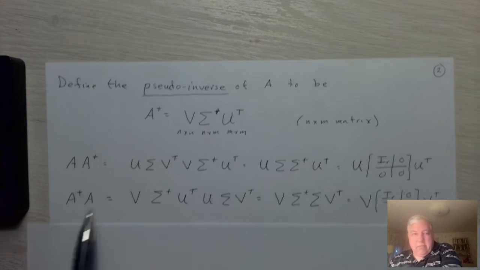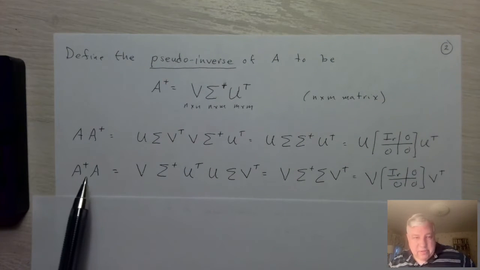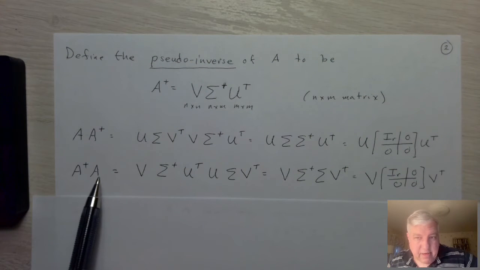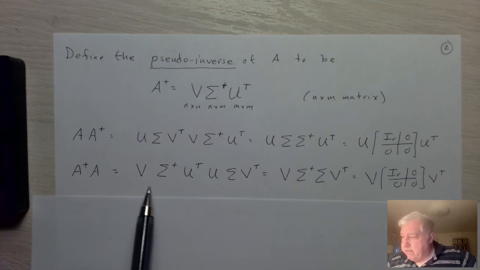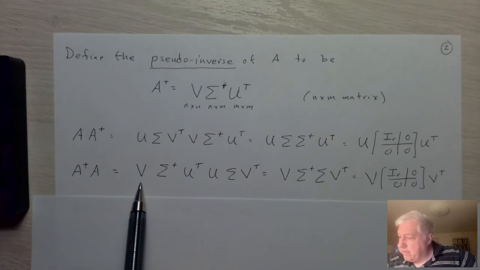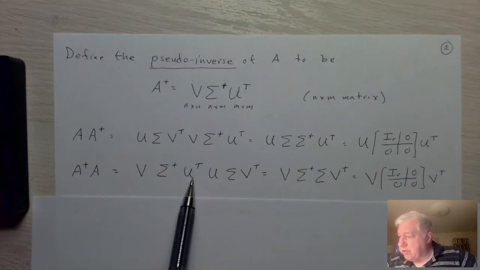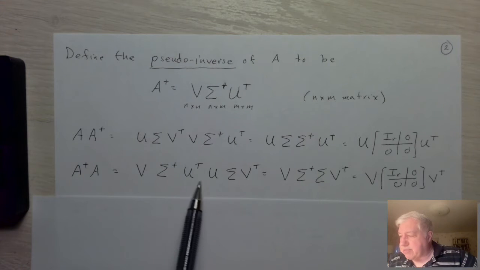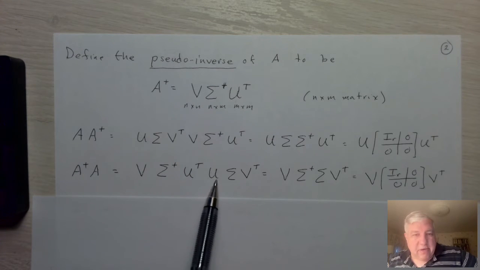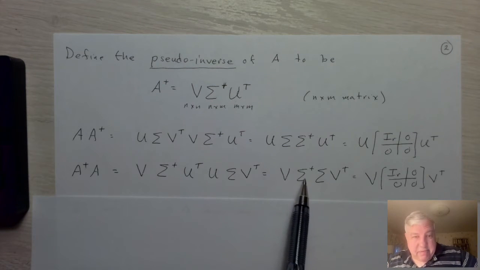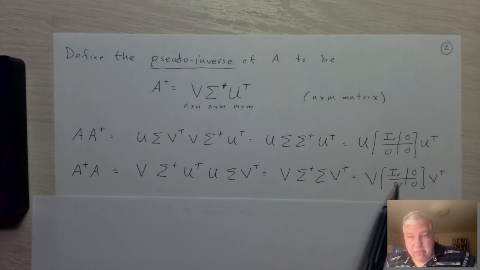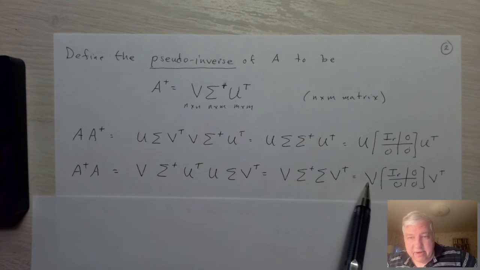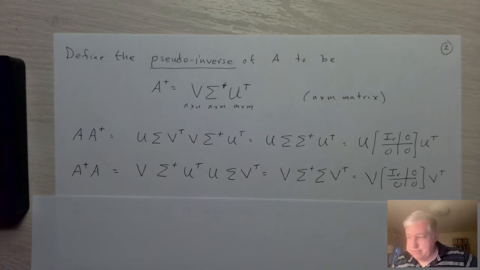If we multiply in the other direction, A plus times A, we get V sigma plus U transpose U sigma V transpose. U is orthogonal, so these cancel out. They're inverses of each other. So this becomes sigma plus times sigma, and we know that that's going to be this matrix here. So we get V times V transpose.